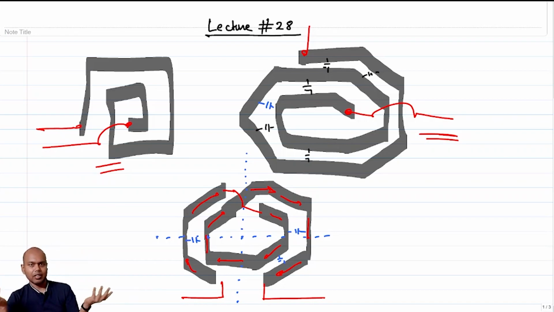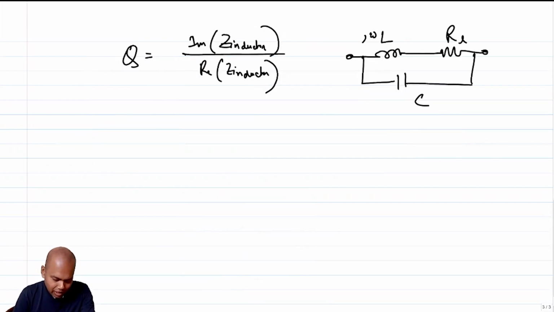Which means area penalty. So the moment you want to make a very good inductor, you have to pay with area. That's one of the reasons why, in general, IC designers tend to avoid inductors as long as you can. When it's required, you pay up with the area and you go ahead with your design.